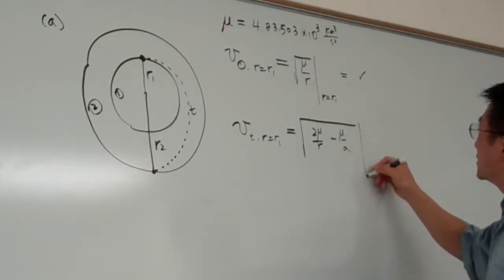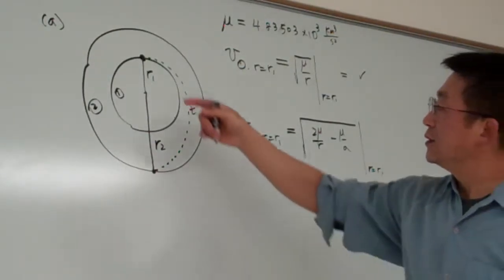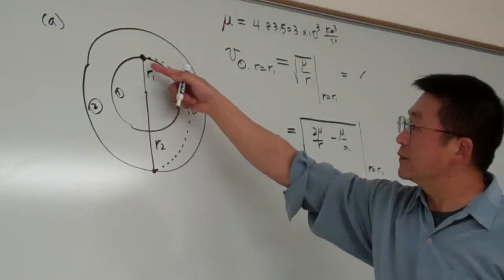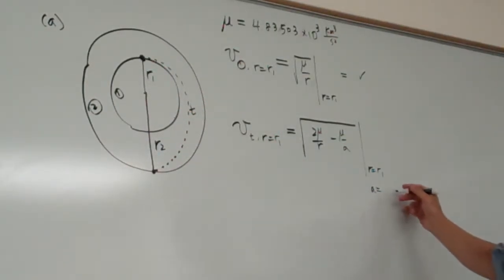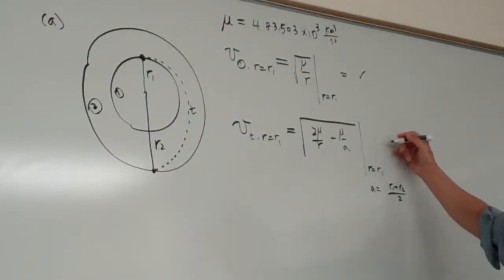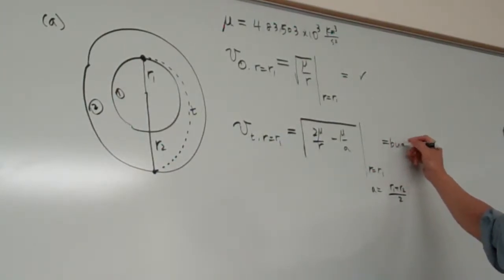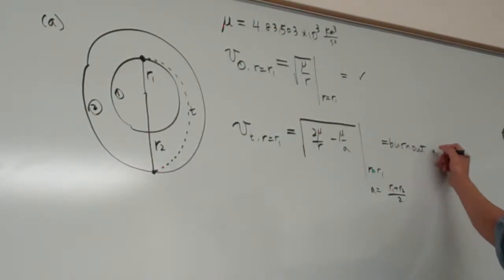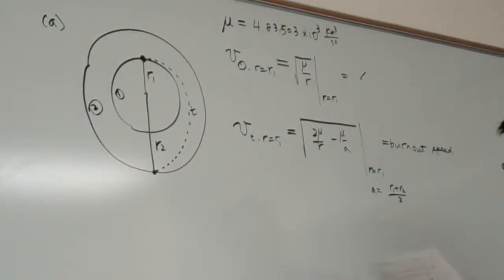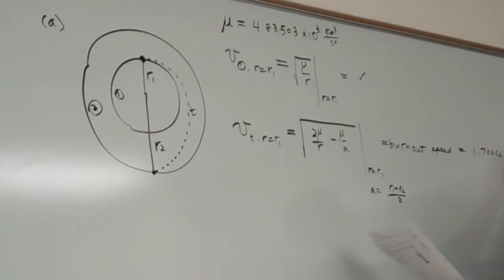For this case r equals r1, and a is the semi-major axis, so a equals r1 plus r2 divided by 2. This is what we call the burnout speed. Okay, so this one we determine is 1.7004 kilometers per second.